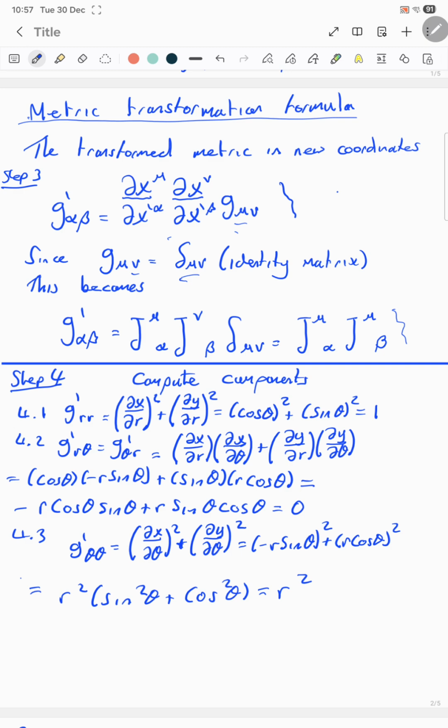So we compute the components in step 4 here for our metric components. So g'_rr is given here, which is cosine squared plus sine squared equals 1. And now we go through g_r theta, g_theta r, both primed, and we get the same form here, which after some multiplying out and a little bit of algebra, we can see that these cancel and we get 0 for these, which is here.